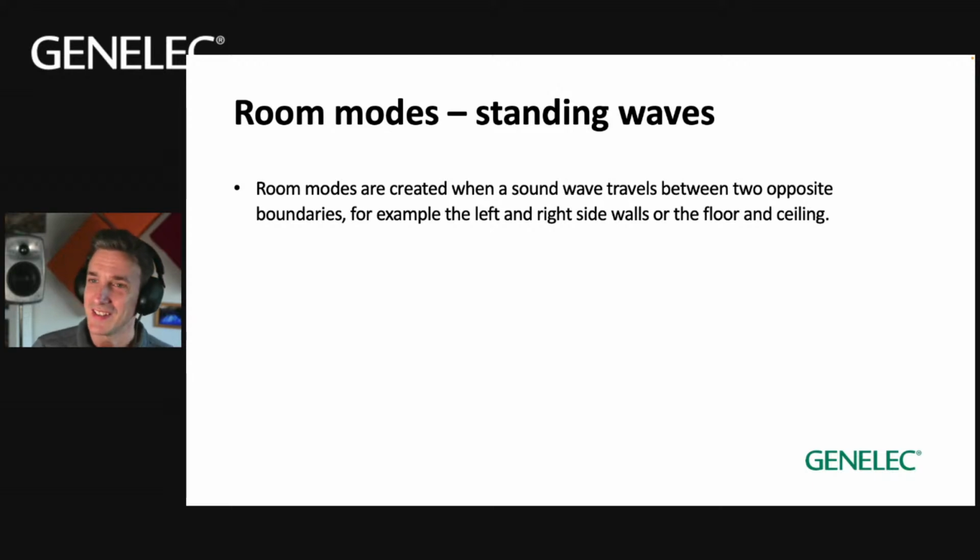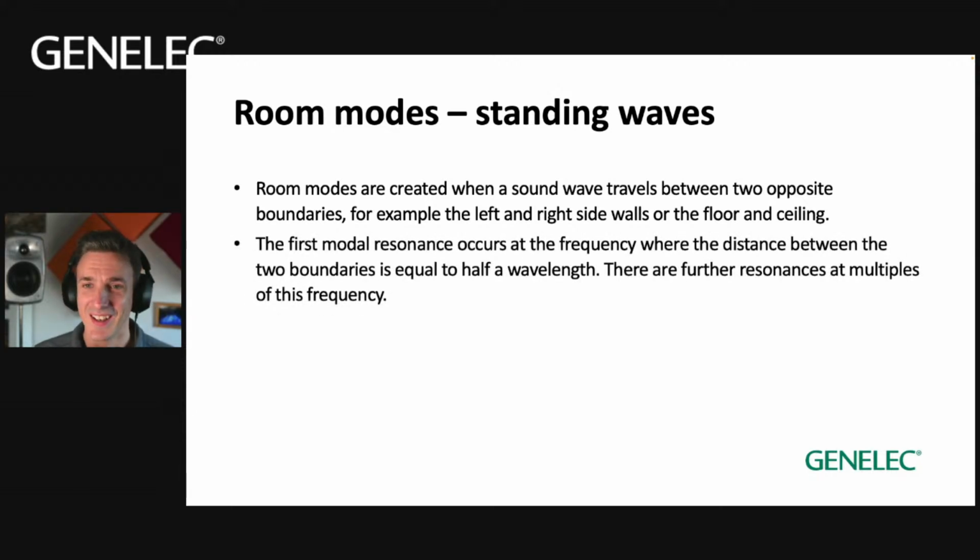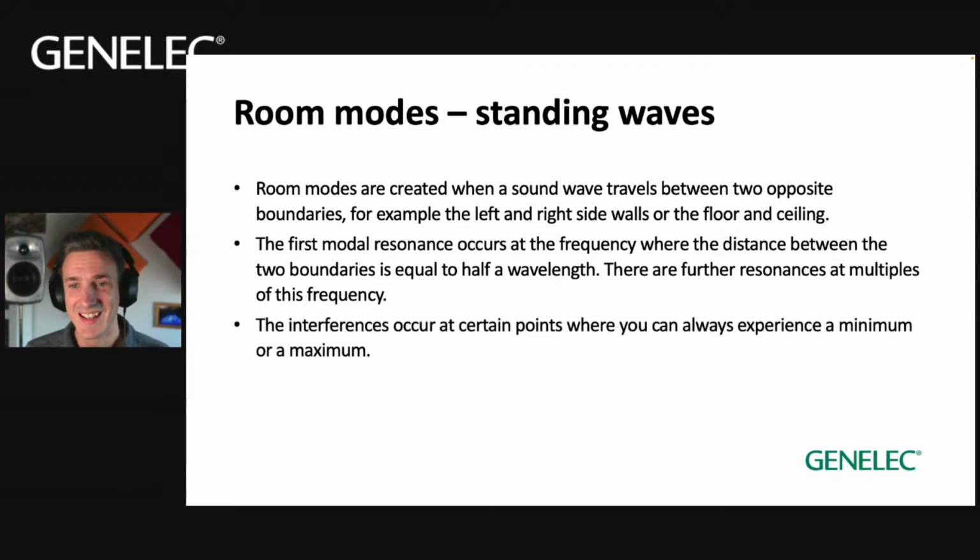Room modes are created when a sound wave travels between two opposite boundaries, for example, the left and right sidewalls, or the floor and ceiling. The first modal resonance occurs at the frequency where the distance between the two boundaries is equal to half a wavelength. There are further resonances at multiples of this frequency. The interferences occur at certain points, where you can always experience a minimum or a maximum. This is how I would sum it up.